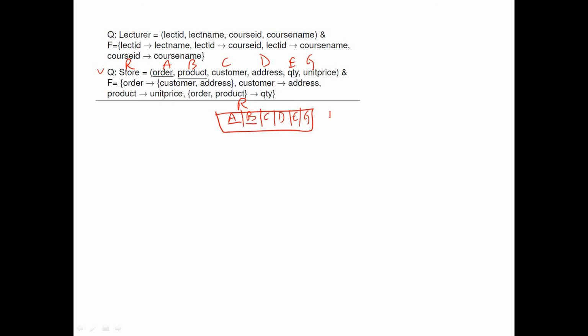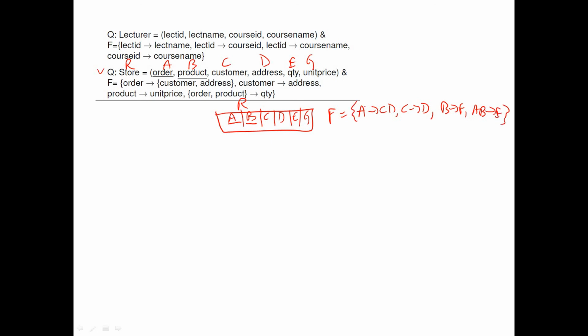So what are the functional dependencies? That is, A to CD, C to D, then B to F and AB to E.